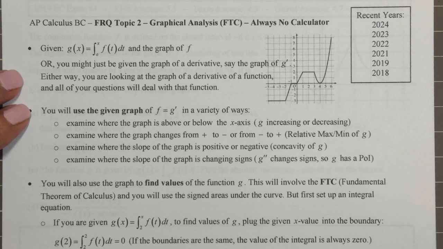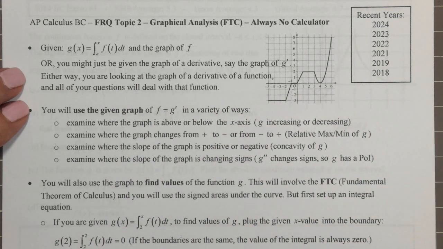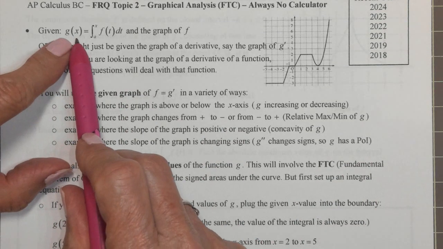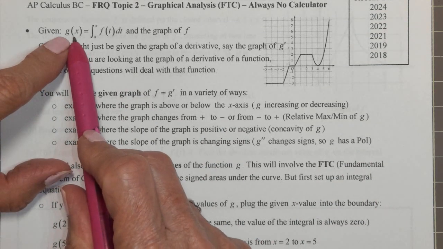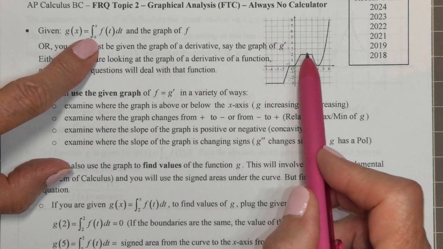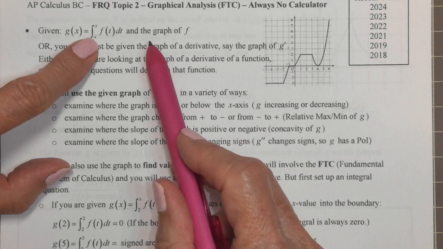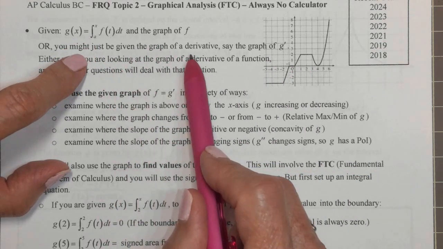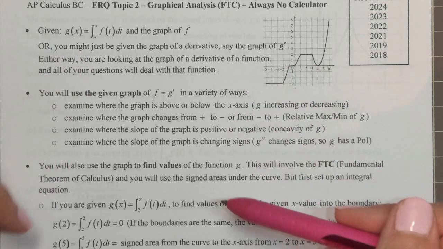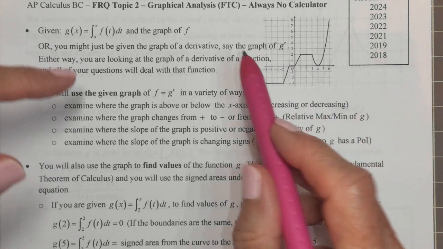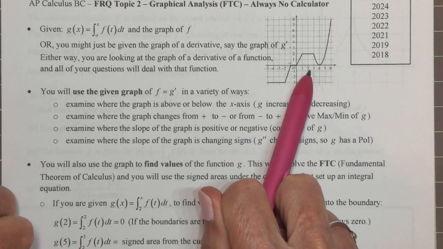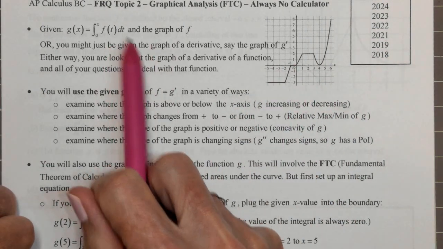Sometimes you're given that g or whatever is an integral involving f, and then you'll be given the graph of f, or you might just be given the graph of f prime, and then all the questions will be about f. So one of those two situations. You're given a graph, and then some information.